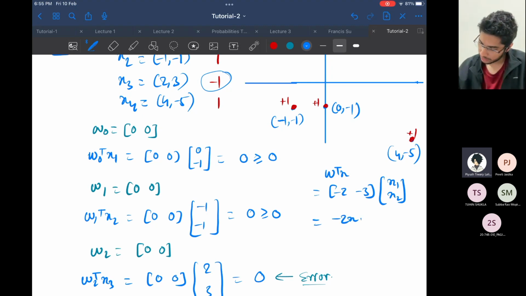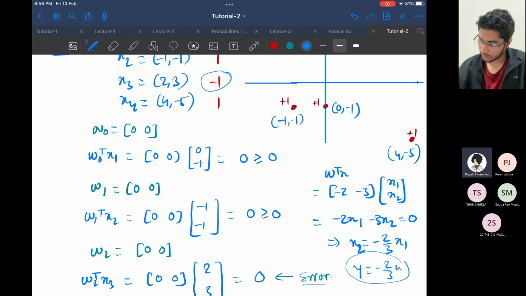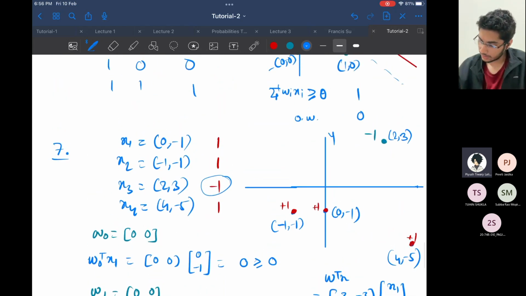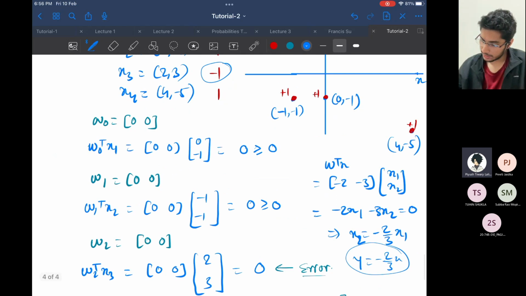Minus 2x1 minus 3x2, and since there is no bias term, you can equate this to 0. Writing it in terms of x2, it is minus 2 by 3 x1. Or you can write it as y is equal to minus 2 by 3 x, if you are comfortable with y and x. So this is your y and this is your x, and this is the line, right?